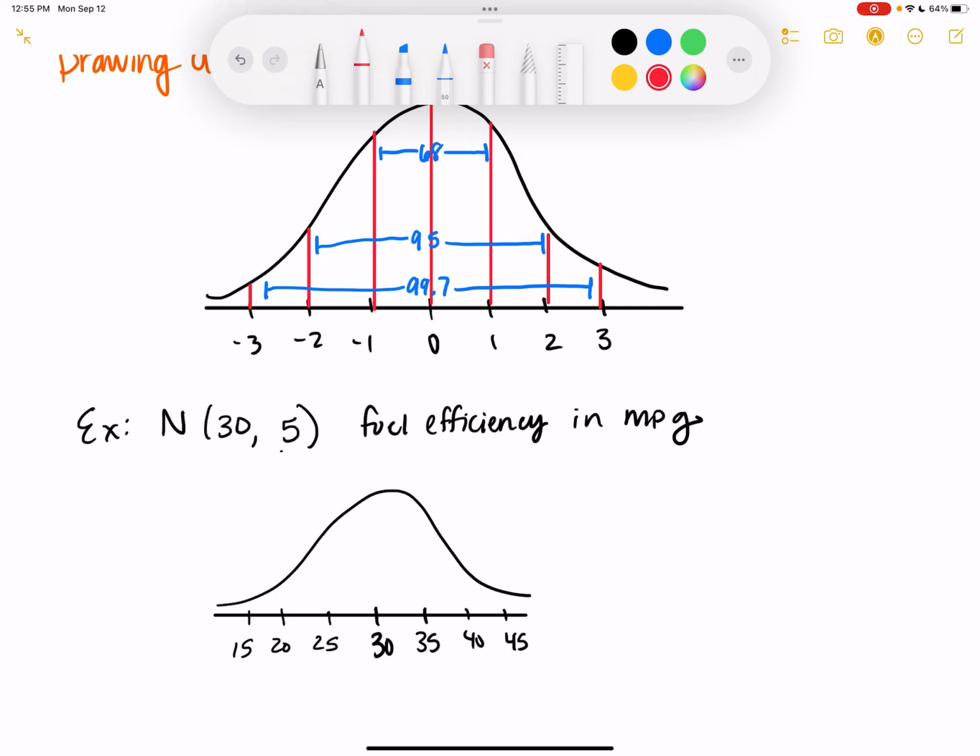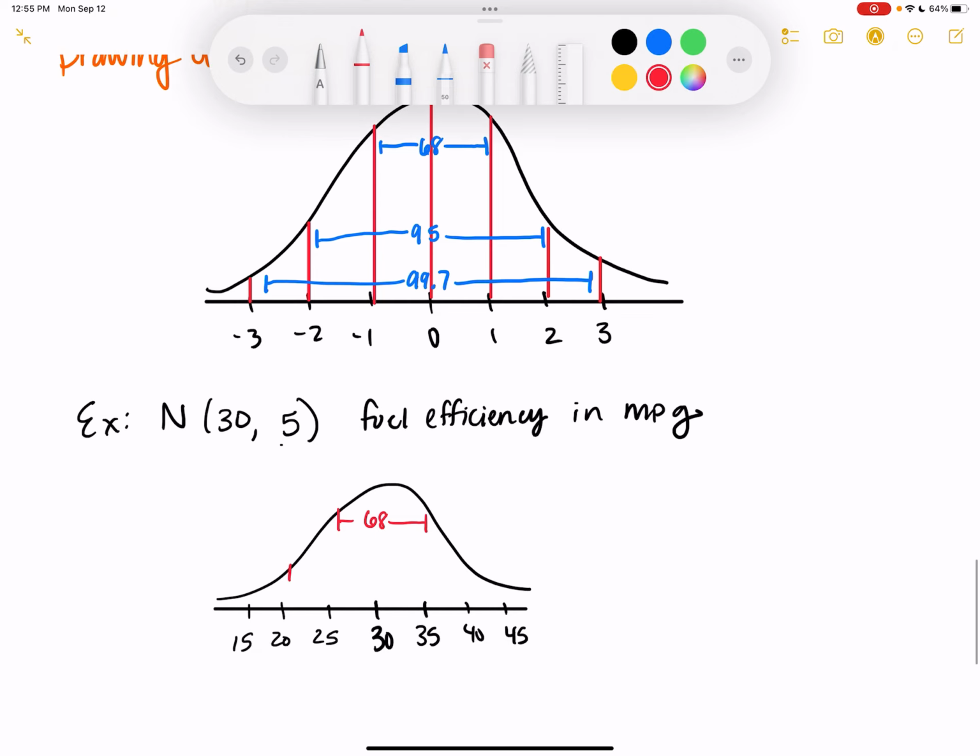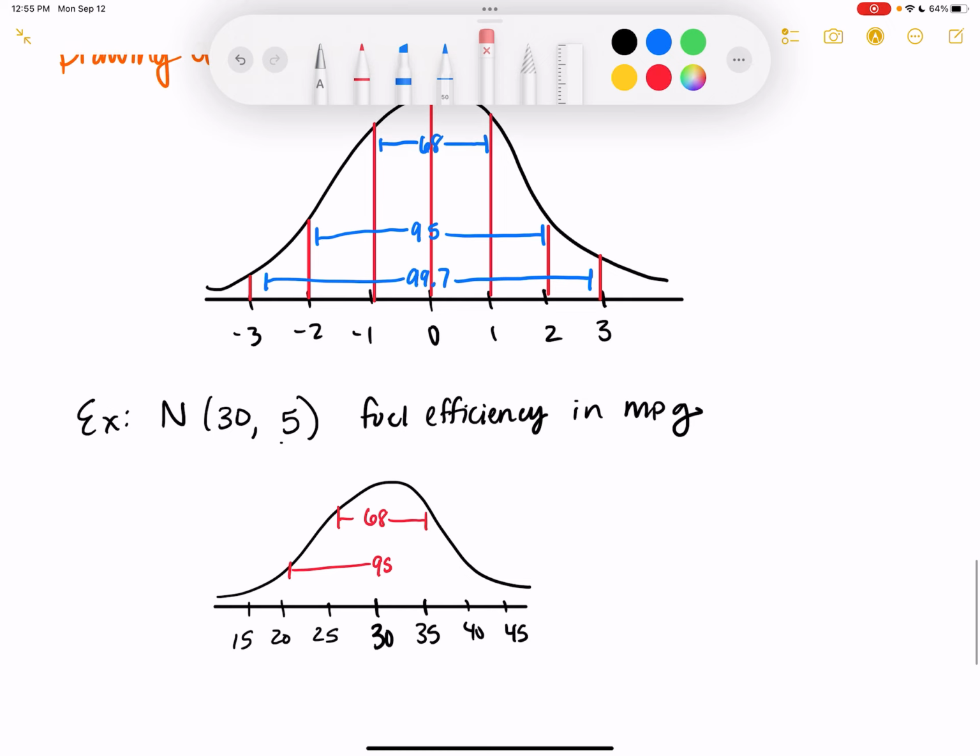And so then all we're going to do is just show the 68% is 1 standard deviation away, 95% is 2 standard deviations away, and then the 99.7 is the 3 away.